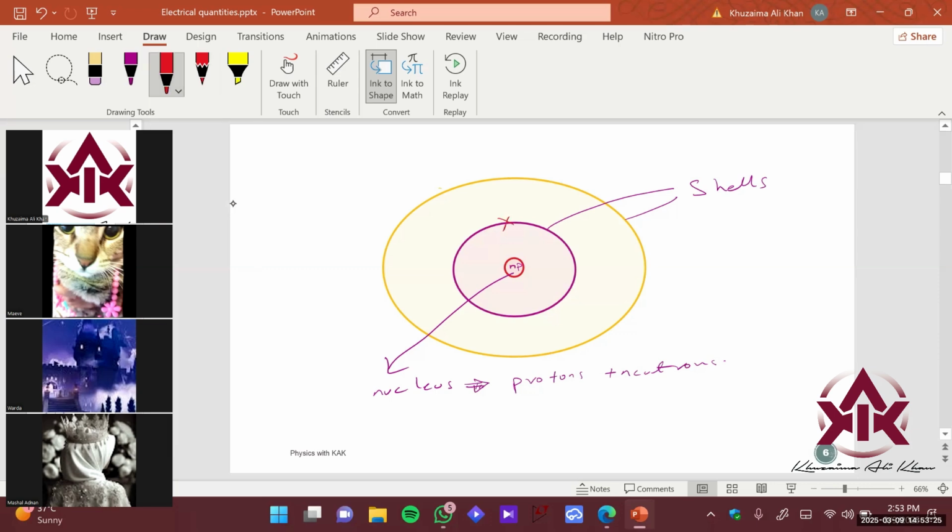We show them like this, with a cross here, cross here, cross here. So what are these crosses called? Electrons. This is the structure of an atom. This much about the structure is more than enough for physics.